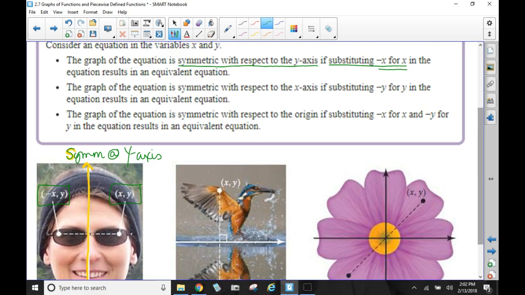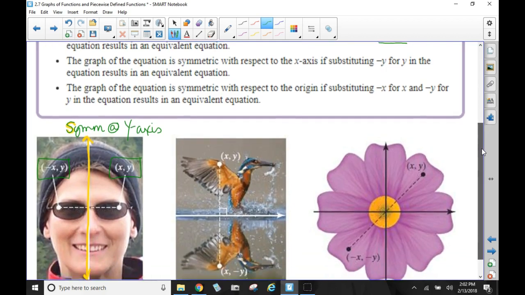The bird down below is a reflection on the water. So we would say that this is symmetric about the x-axis. It has a horizontal line that it is symmetric to, and we know that's going to occur if we have an xy ordered pair here, and we would also have an x, negative y ordered pair down here.